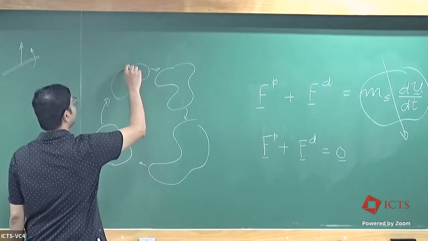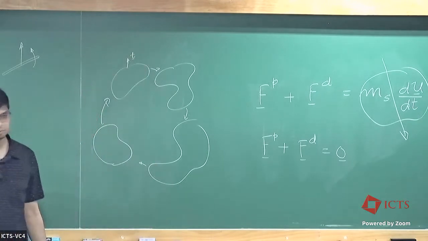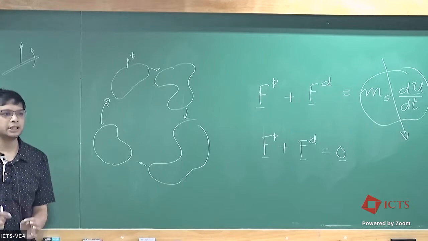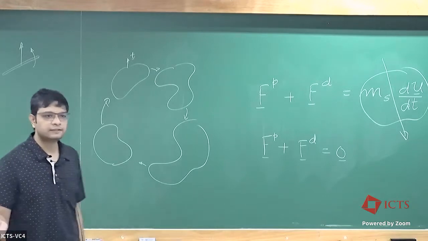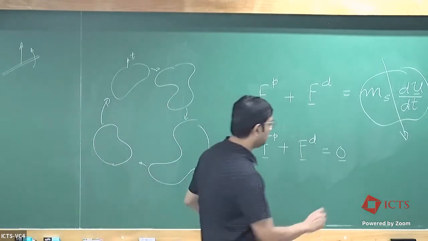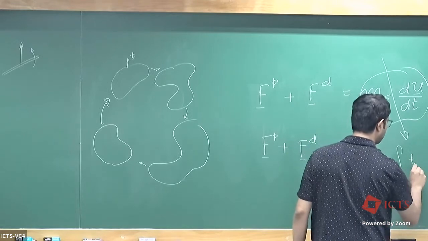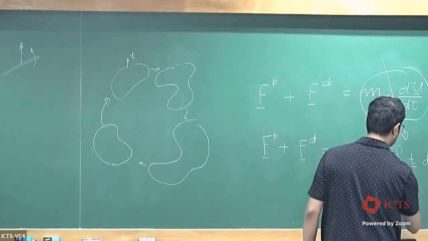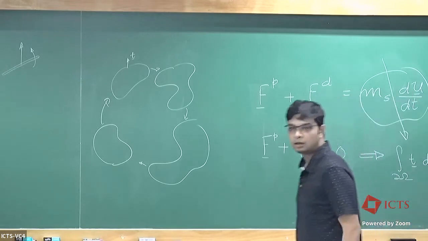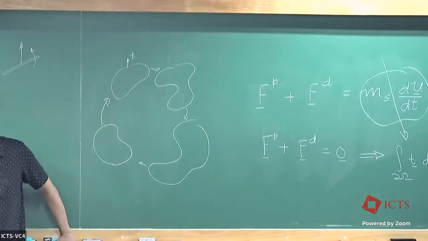But alternatively, I could have said that there is some force vector, let's call that T. This vector tells me the force per unit area exerted by the fluid on me. So this statement is equivalent to saying that the integral of this force vector over my whole body surface is 0, and this is 0 at every instant of time.